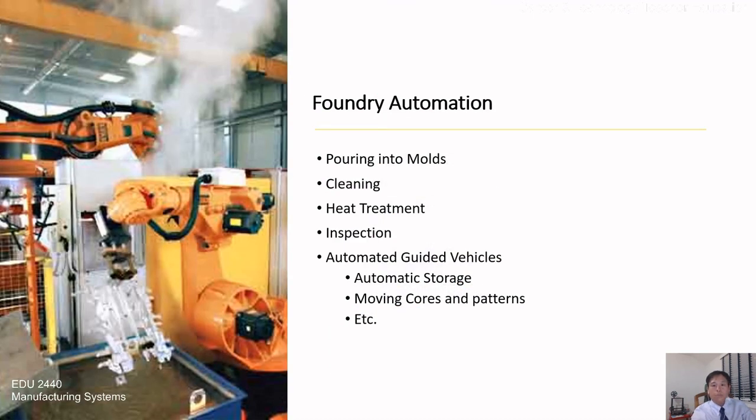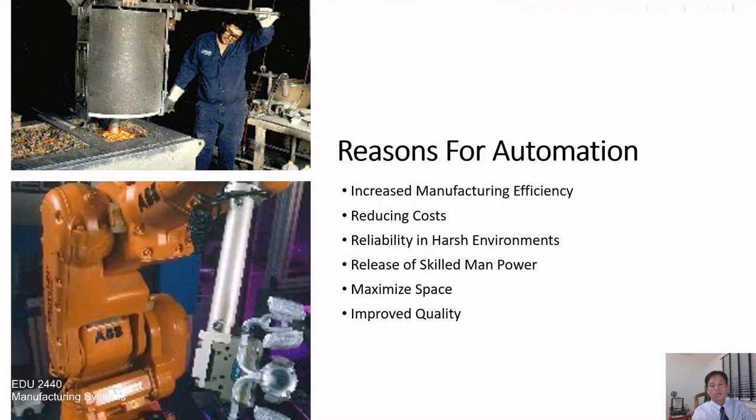Most foundries are automated nowadays. These processes are automated, like pouring the metal into the mold, cleaning, heat treatment, inspection, and using automated guided vehicles, for these reasons: to increase manufacturing efficiency, reduce cost, and increase reliability in harsh environments, or release skilled manpower, as well as reduce industrial accident damage to people, maximize space, and improve quality.